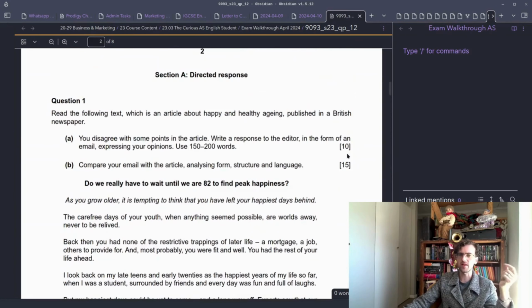So it's 20% of the paper is for writing, but it is not just for writing, it is for an understanding of the elements of form, language, and structure, and how we use these to achieve a specific purpose. And that's really what we're trying to figure out in this paper. How do we use the different elements, whether they be semantic elements, pragmatic, different linguistic elements?